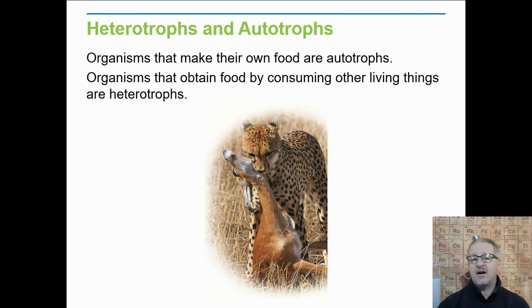And that's where the deer got a lot of its carbohydrates, from eating the plants. And the plants, of course, generated those carbohydrates from the sun. So the ultimate source of all energy on the earth is our sun. It is the ultimate source of it.